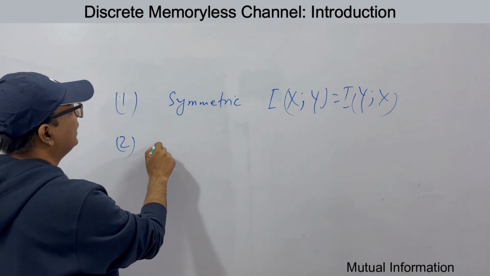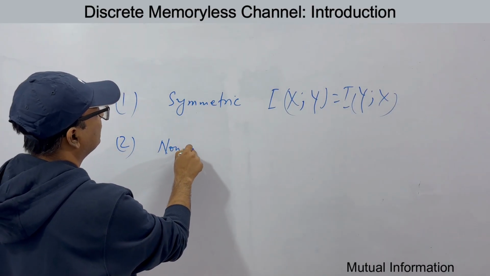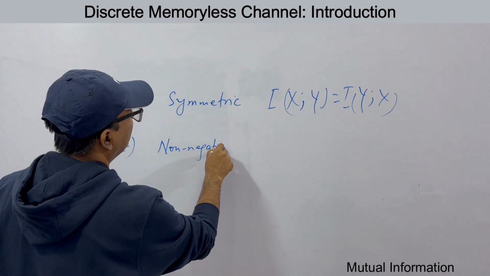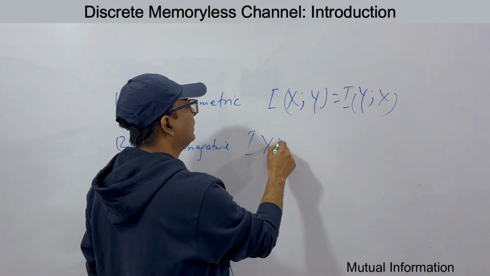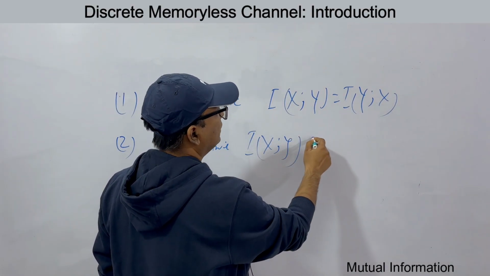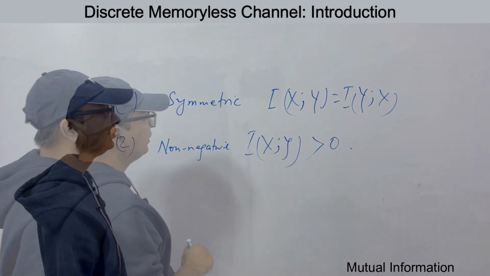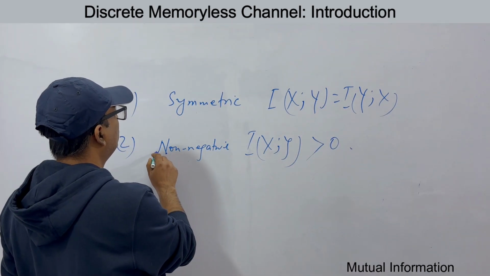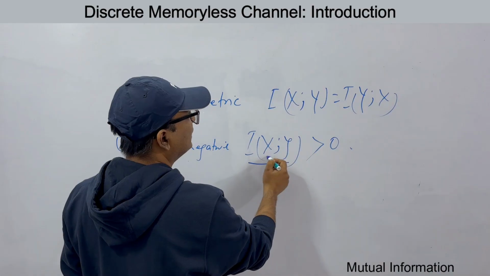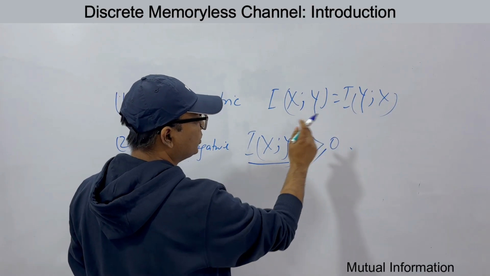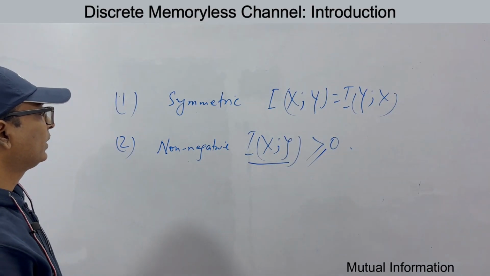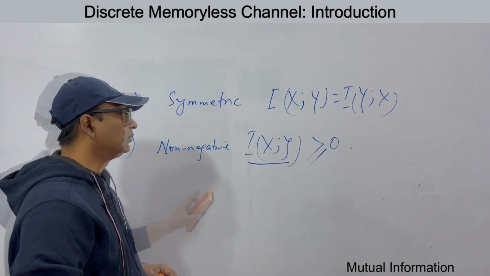The second property is that it is non-negative, that is, I(X;Y) is greater than or equal to 0. Non-negative means it can be equal to 0.